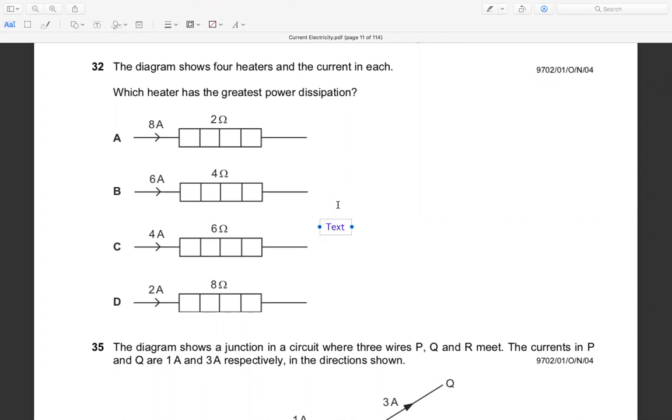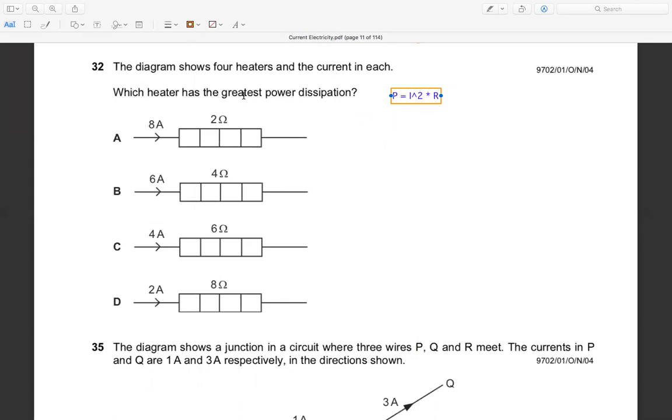When you remember, P equals to I square R. Use this formula to find the greatest power dissipation.